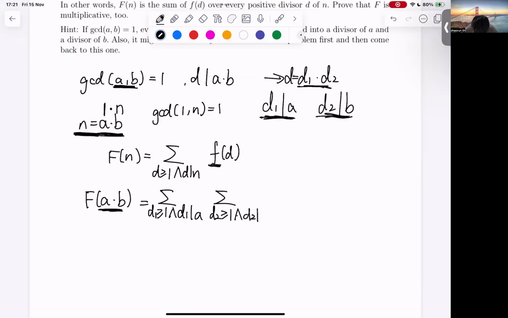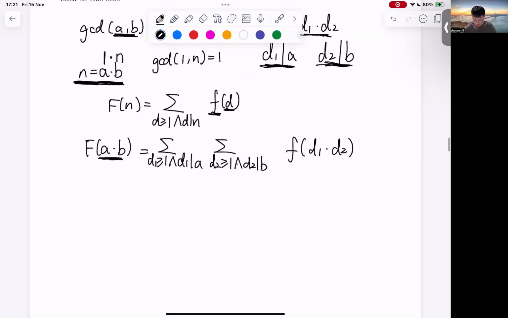So d2 is a divisor of b, and this d could be factorized into d1 and d2. So this is equal to this one.